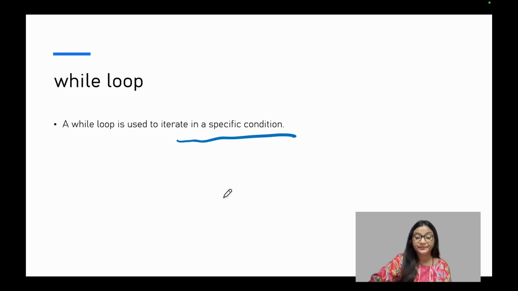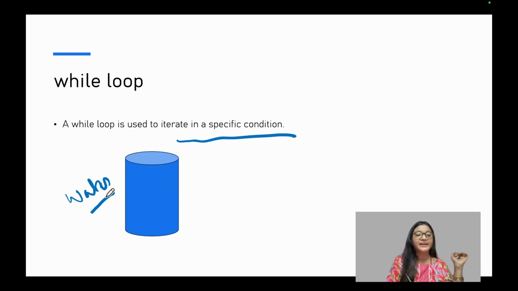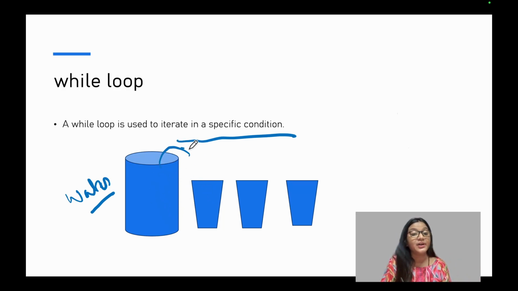Let's say, I'll explain firstly through a visual representation. Let's say this is a bucket of water. Okay, so let's say this bucket has some water and I have some big glasses with me. So I have asked, can you just take out the water from the bucket and fill up the glasses?